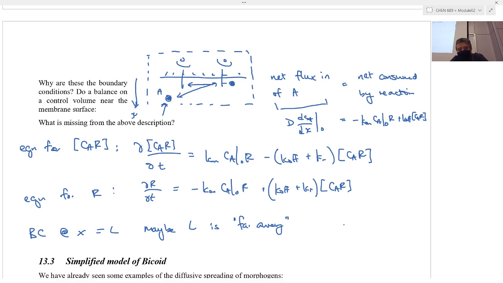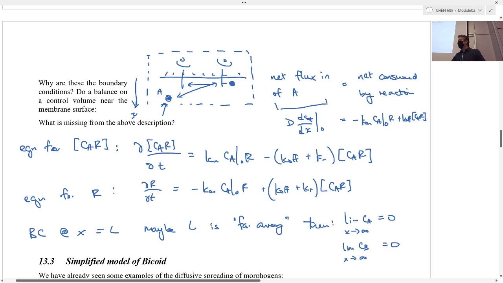And so then you have the limit of CA as x goes to infinity equals 0, and the limit of CB as x goes to infinity equals 0.